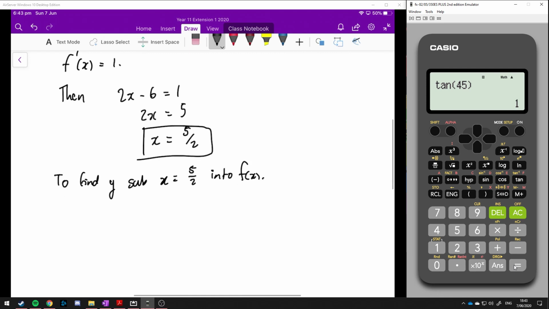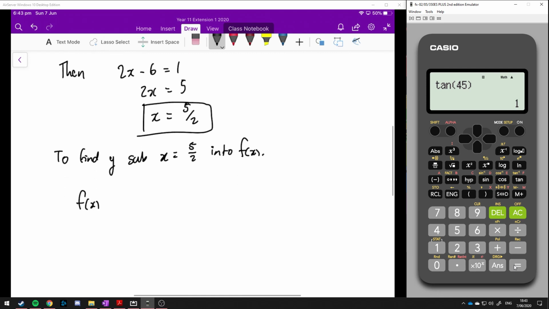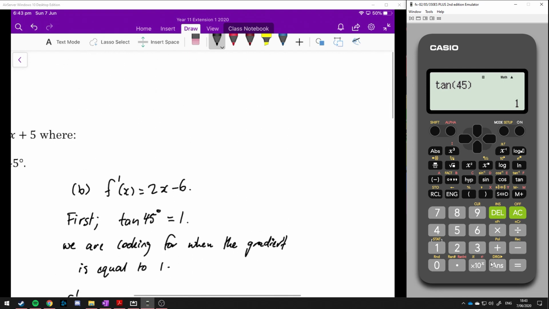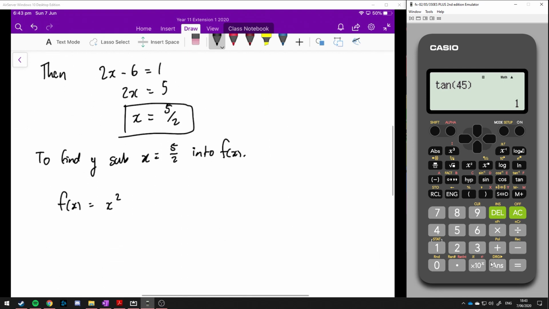So our function f of x is equal to x squared, I think it was plus 5x from memory, minus 6x plus 5.